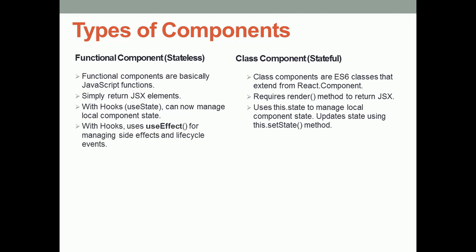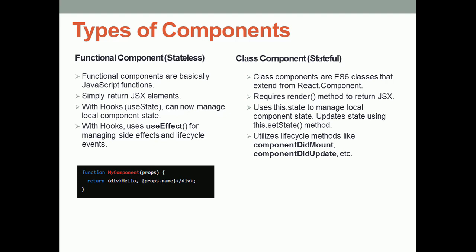In the functional component, we have the useEffect hook to manage lifecycle events, and in the class component, we have componentDidMount and componentDidUpdate methods to handle the lifecycle of the event.